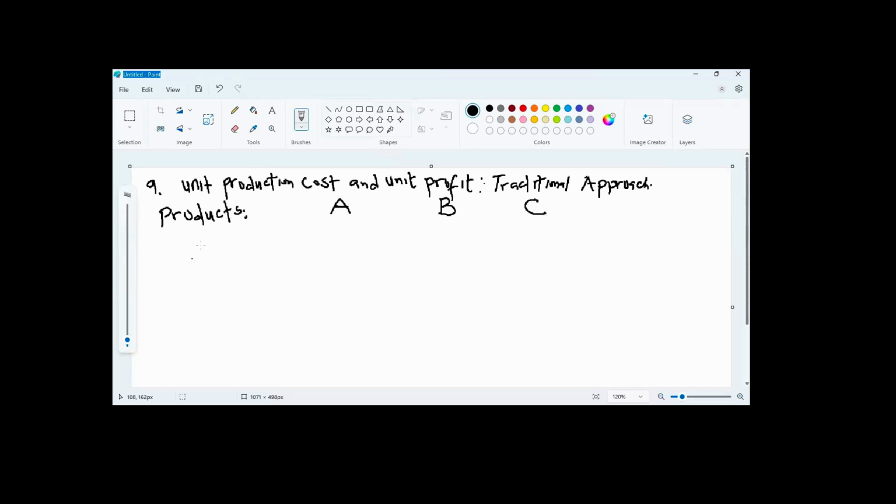Now go to the question, pick all your direct costs. What is the direct material cost per unit? Look at the question. For product A, 1,000 naira. For product B, how much? 1,200. For product C, how much? 1,500.